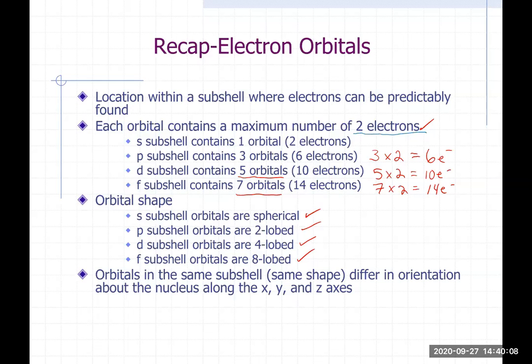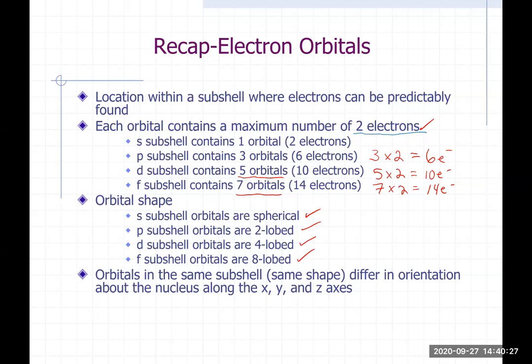Orbitals in the same subshell have the same shape, and they differ in orientation about the nucleus along the x, y, and z axes.